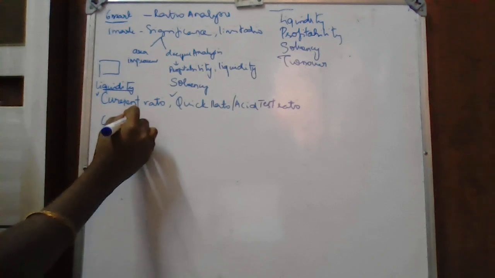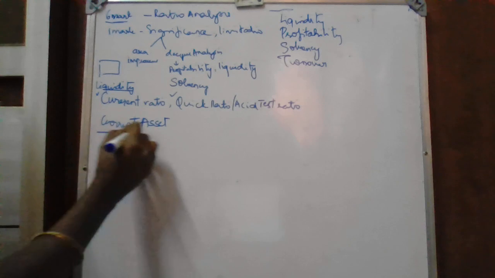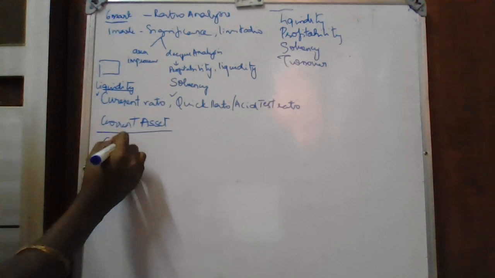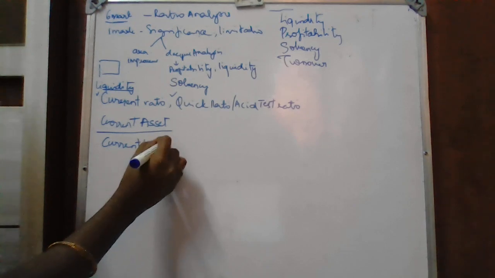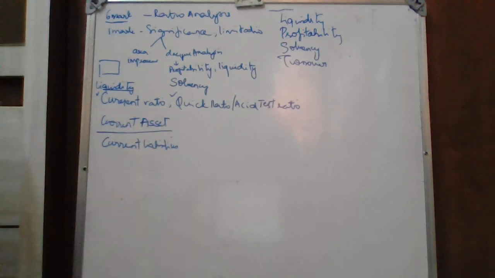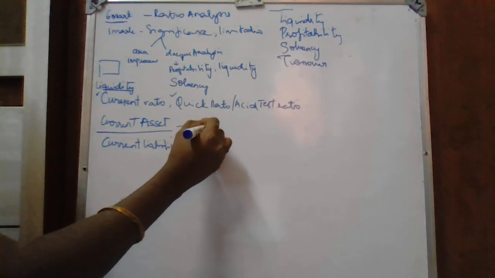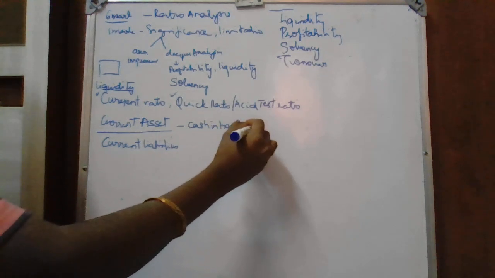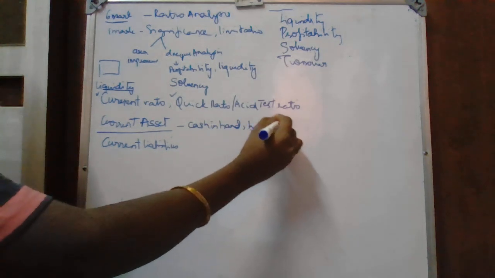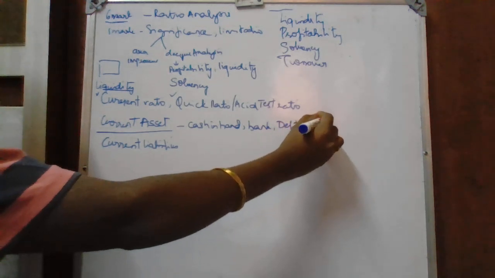Current asset by current liabilities. Examples of current assets: cash in hand or bank, debtors, or they will give you trade receivables.